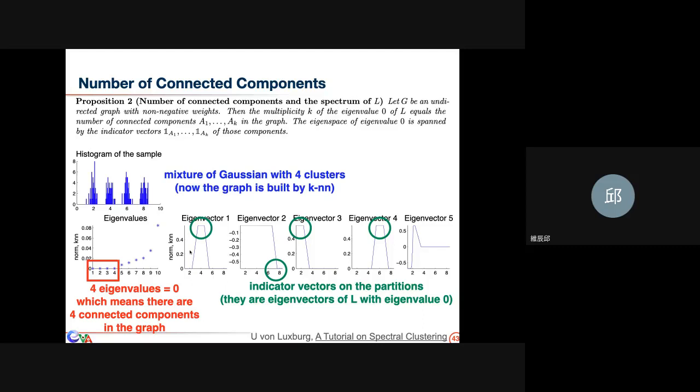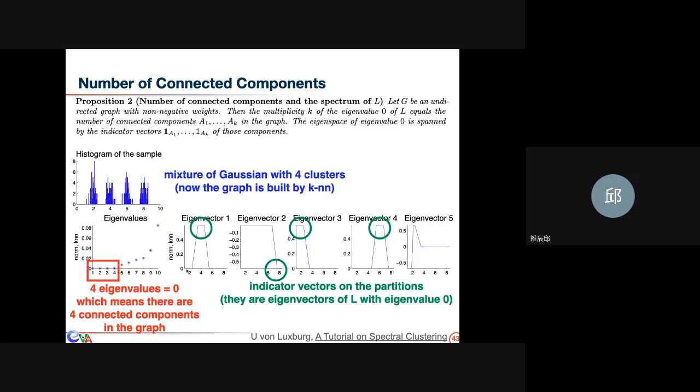Then you might be able to see this kind of form of the eigenvector. Here we visualize the first eigenvector related to the zero eigenvalue.